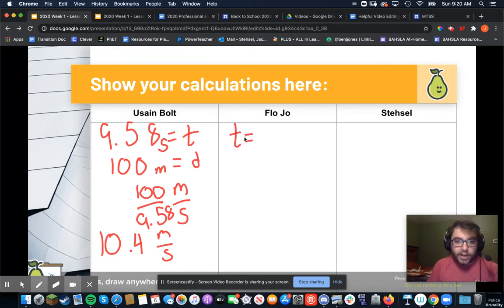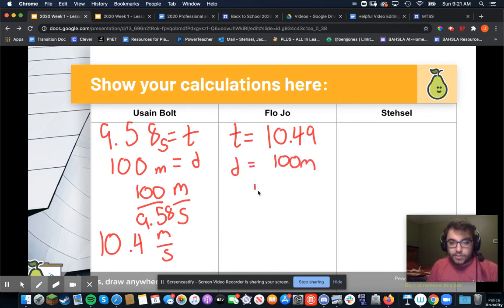So if we go through each other one real quick, FloJo, her time, this is how you normally would write it. You do the variable to the left. I did it stupidly over here, but don't ignore that. So FloJo is 10.49. Her distance, again, 100 meters.